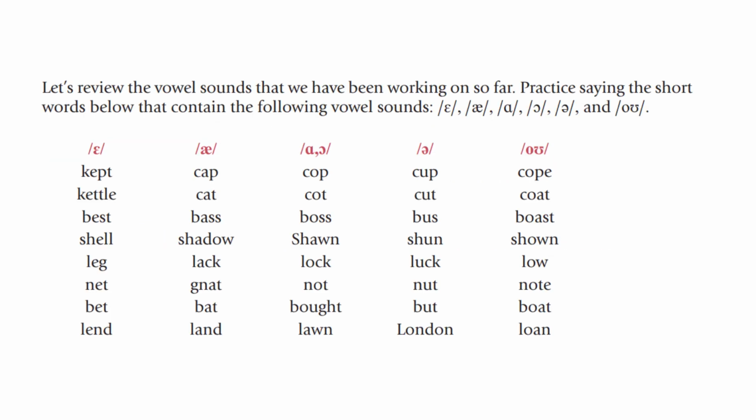Let's review the vowel sounds that we have been working on so far. Practice saying the following short words that contain the following vowel sounds: e, a, ah, uh, and o. Kept, cap, cop, cup, cope.